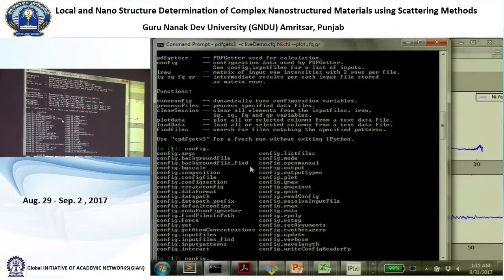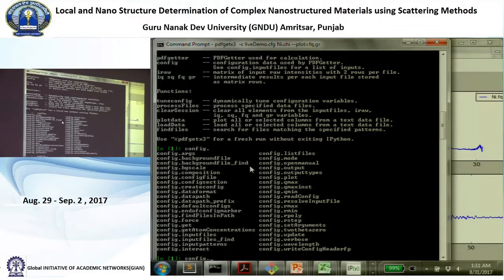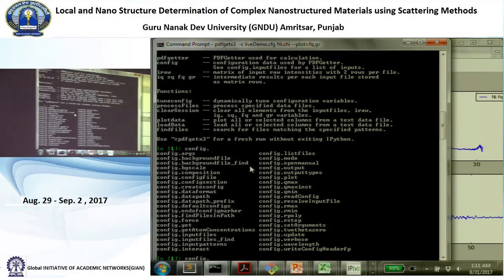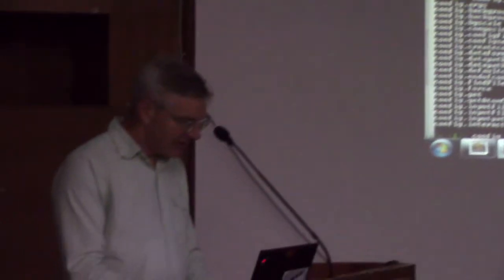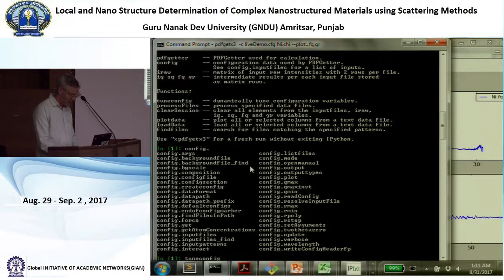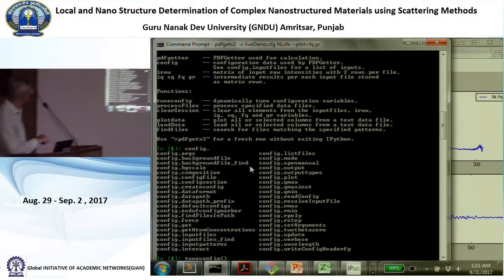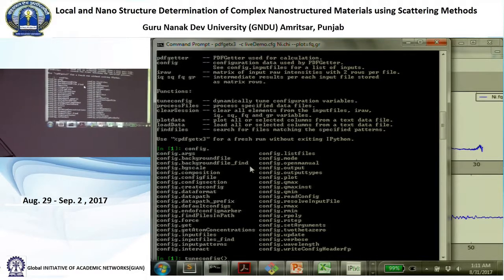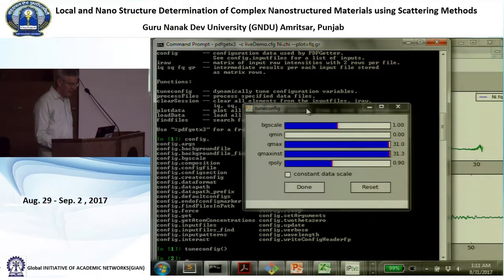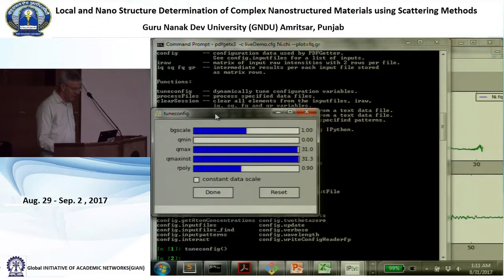So you can give config.qmin equals something. You can do config.qmax equals something. But a much better way to do it is to run this little program, tune config. And you have to remember to do these parentheses here. And that pops up this little thing here with sliders.